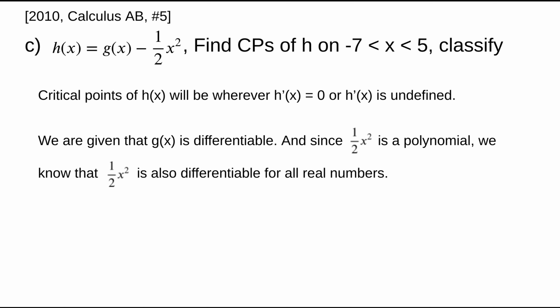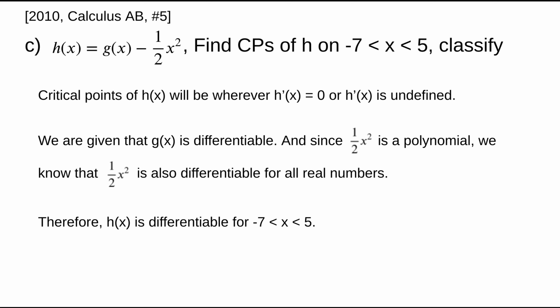Right, so we're given that g of x is differentiable, so we don't have to worry about g of x or g prime of x being undefined somewhere. And 1/2 x squared is a polynomial, so that's differentiable for all real numbers. Don't have to worry about that. You should state it, though. You do want to make sure that you verify that you can conclude that h of x is differentiable everywhere, which is the goal.